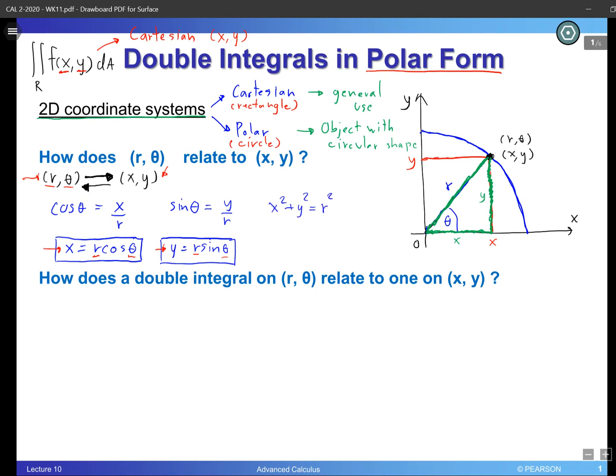Pythagoras. And with this, I can move things around and I get r equals square root of x squared plus y squared. And there you go. Third relationship in the opposite direction. If you know x and y, you can find r.